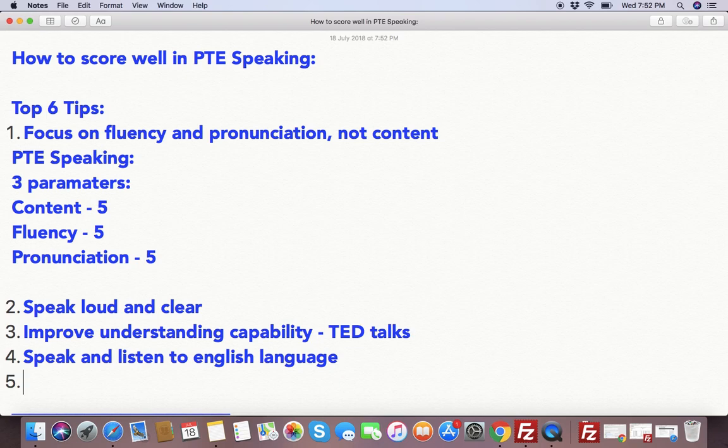Number 5 is obviously practice. Nothing would improve your score more than your own practice. Guys, even if the best teacher in the world is teaching you, you are not going to get a good score if you do not practice yourself. So practice, practice, practice. Now there is a format that I teach my students, and I'll just tell you what it is. Divide your days on the tasks.